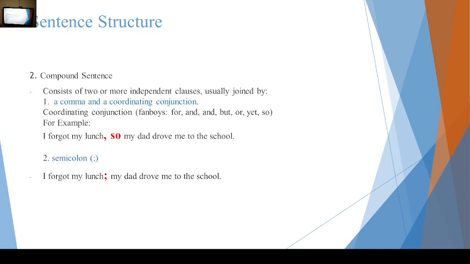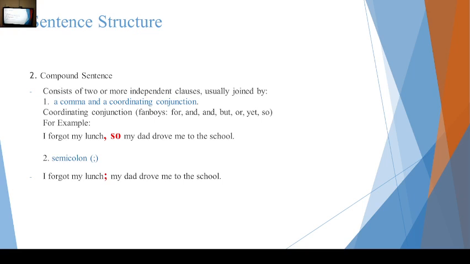You know what a coordinating conjunction is? It is one of the FANBOYS. FANBOYS is short for for, and, nor, but, or, yet, and so. And of course, it is preceded by a comma. So for example, when you say, I forgot my lunch, comma, so my dad drove me to the school.